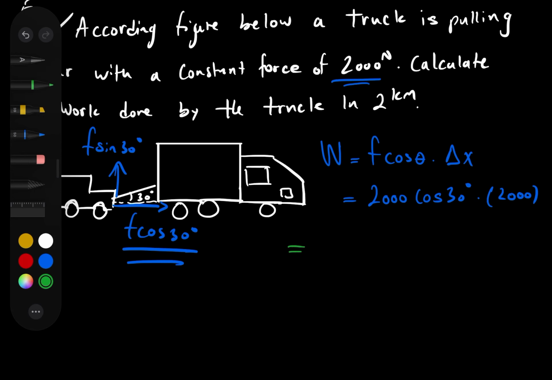So cosine of 30 is just radical 3 over 2, so 2,000 times radical 3 over 2 times 2,000. You can cancel out the 2 with that to get 1,000.